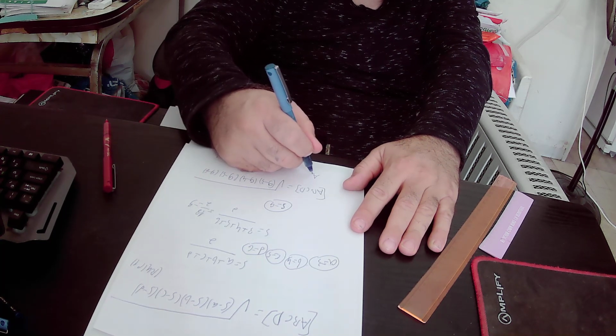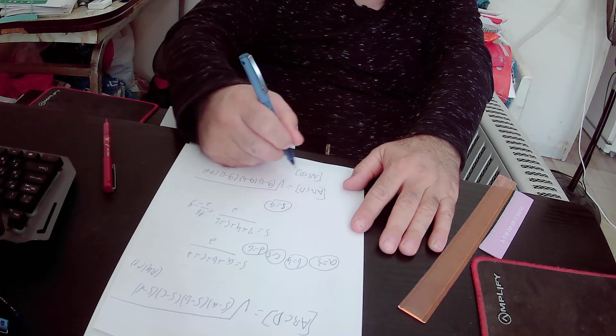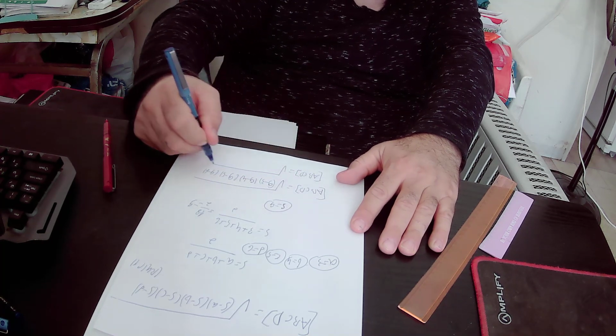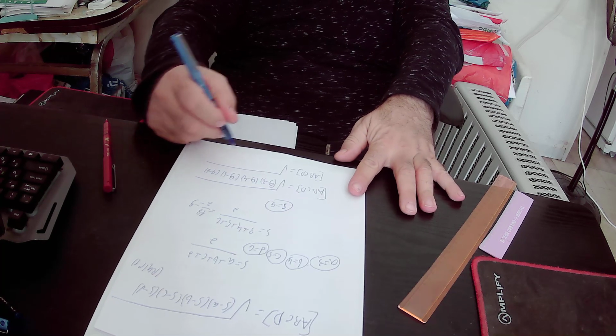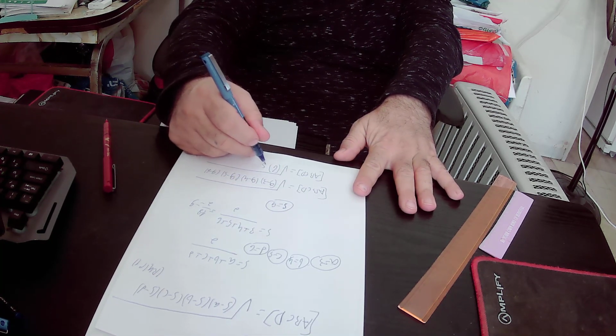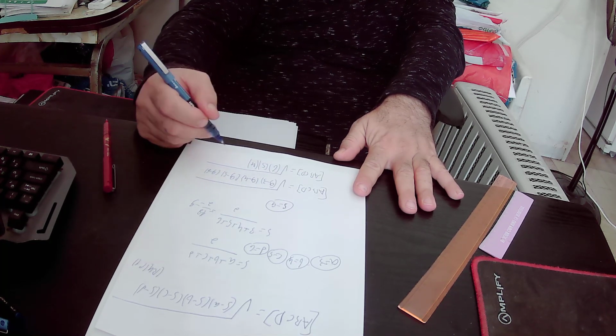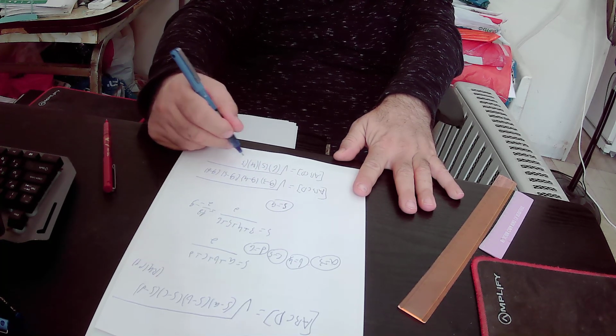So the area of quadrilateral ABCD will be equal to the root of 9 minus 3 is 6, 9 minus 4 is 5, 9 minus 5 is 4, and 9 minus 6 is 3.